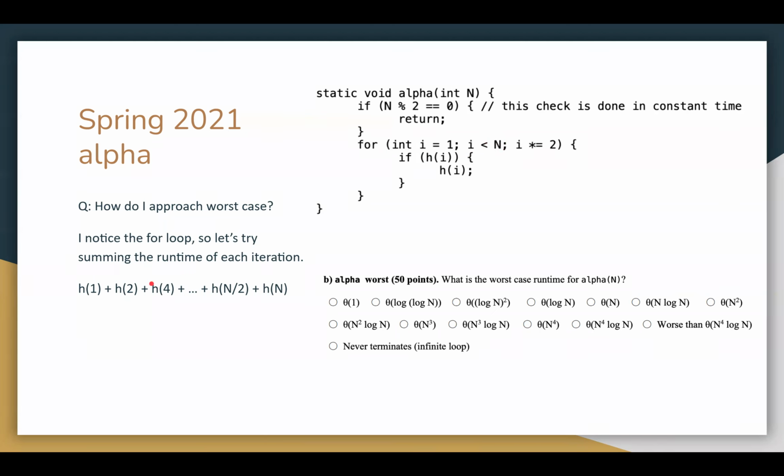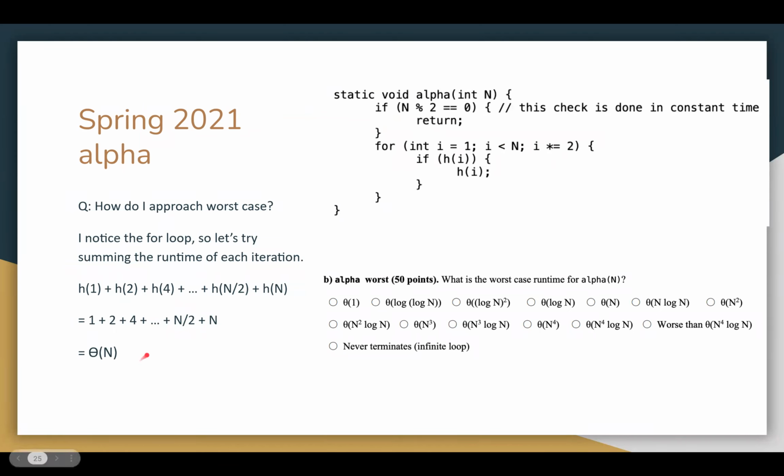So our runtime will be h1 plus h2 plus h4 all the way up to h of n over 2 plus hn. According to the rule of summation, that sums up to theta n. So that would be our worst case here.